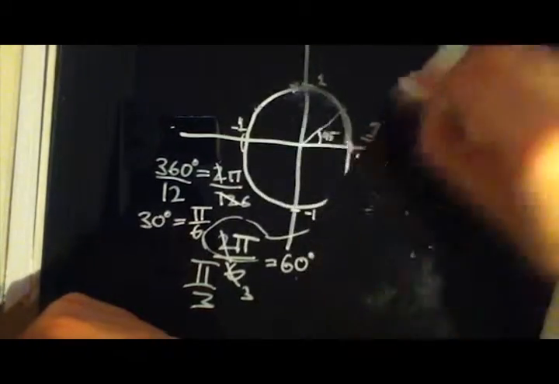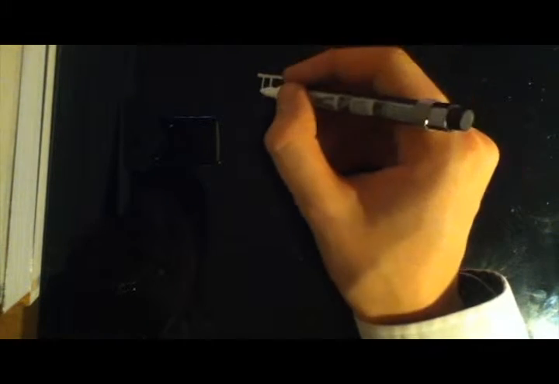Now, I will erase this and write them again for you, so you could have a better look. And actually, what we're going to do is memorize them, and I'm going to teach you a couple of tricks to put up your sleeves, so you could master this topic even better. Now, let's draw the fundamentals. Let's start with 0.